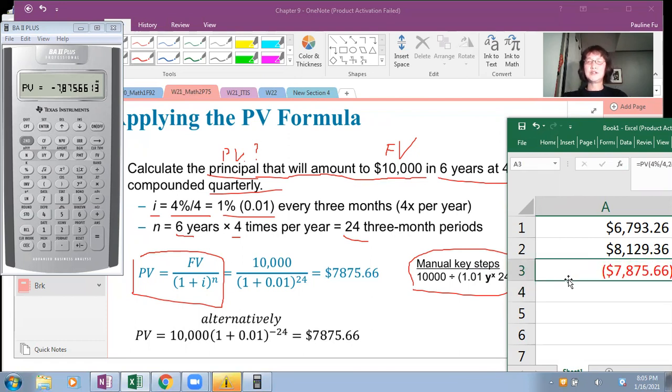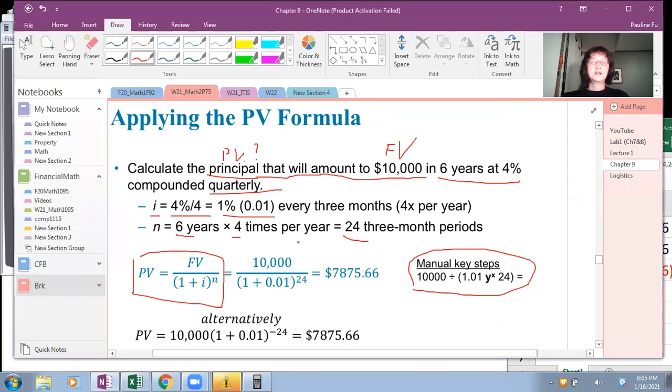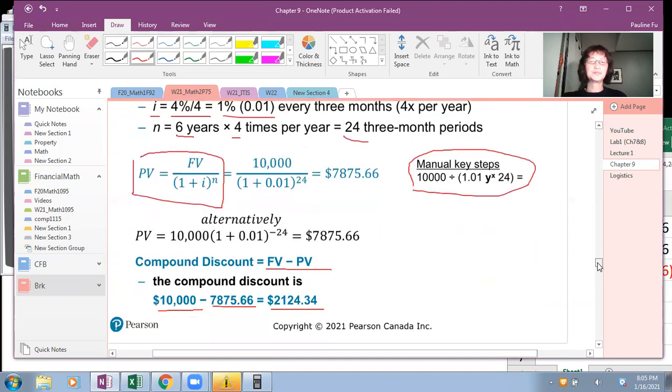You get this number. So this is again 3 methods to figure out the present value: if given future value, what is the present value? We use 3 methods.